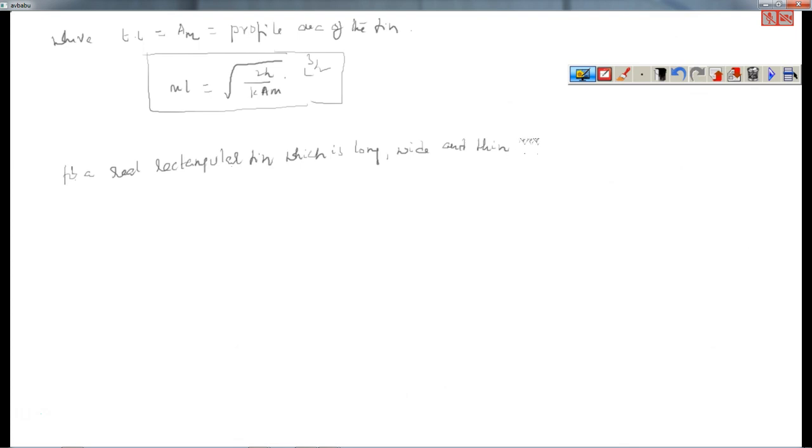The efficiency can be calculated by the equation: eta fin is equal to tanh(mL) divided by mL.